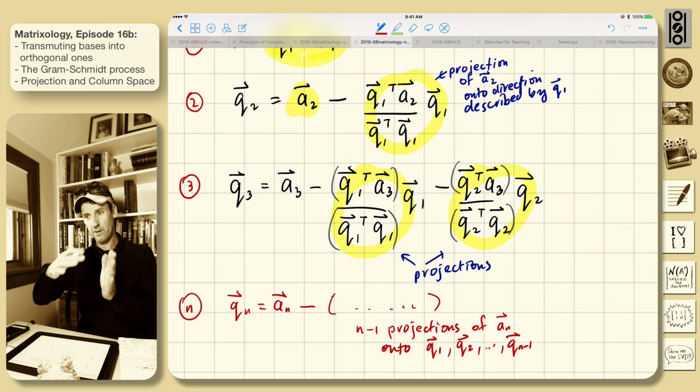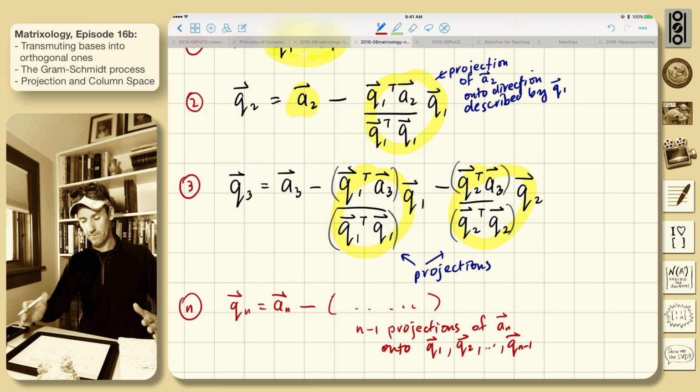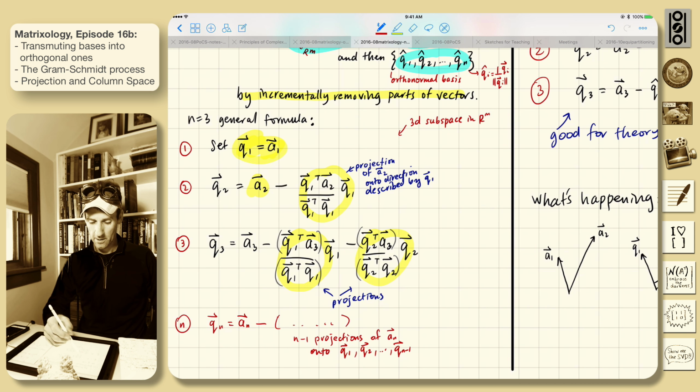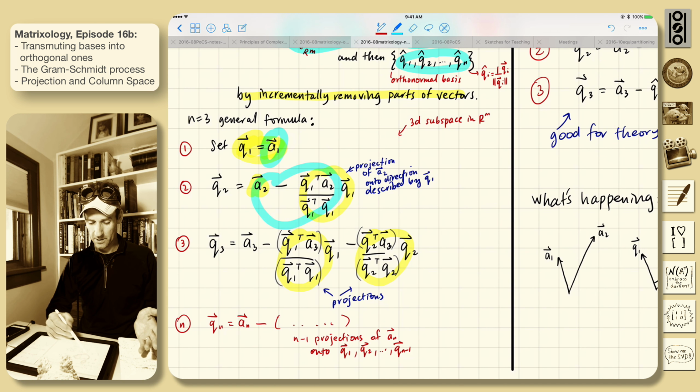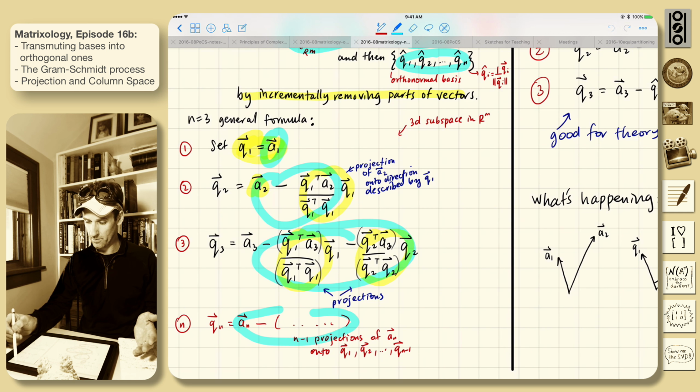So there's this kind of growing triangle of things, right? The first step is very easy. There's just one piece. Then there are two pieces in the second one. Right, so one piece here, two pieces here, three pieces here, and eventually n minus one pieces, and the other piece, okay?